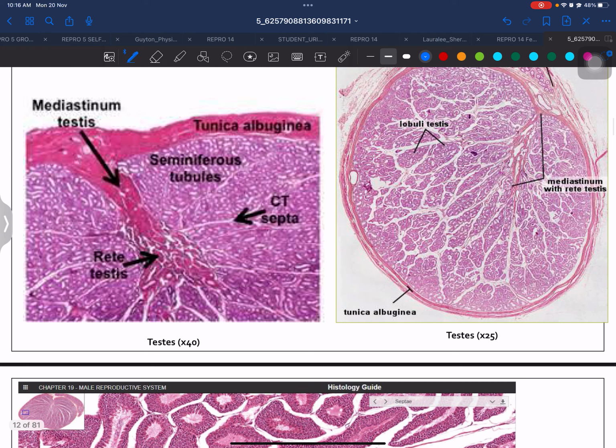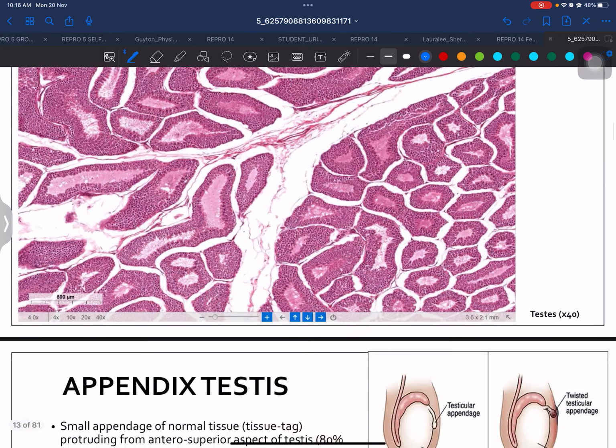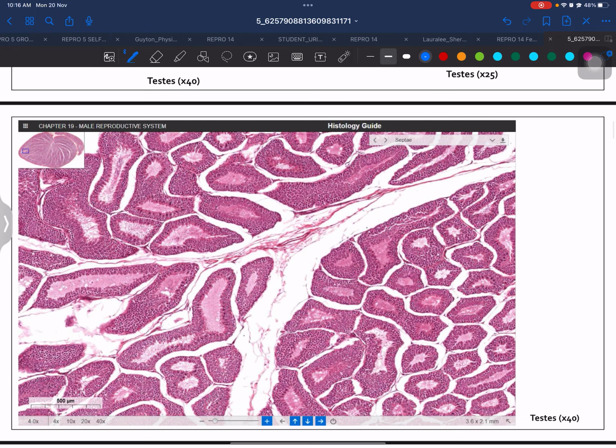So these are the testes, and this one is the epididymis. They look alike. The structure looks alike, but when you zoom into it, you can see the difference between seminiferous tubules and epididymis.